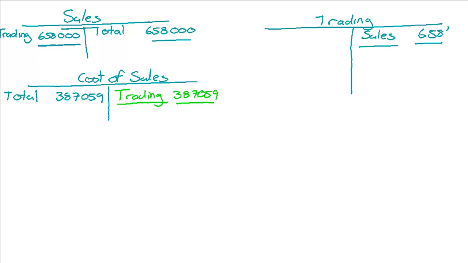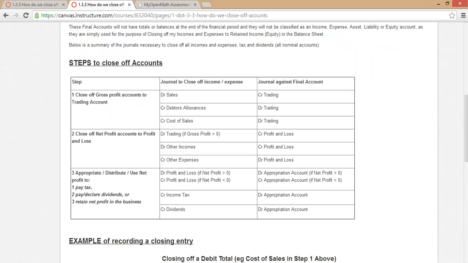Right, this is the credit, so the trading account obviously needs to have the debit. Right, so 387,059, and that comes from the cost of sales account. Right, so there's my closing entry, debit and the credit.